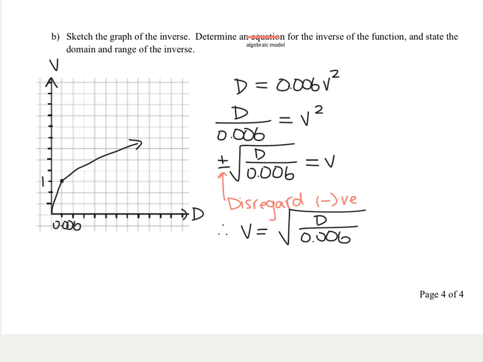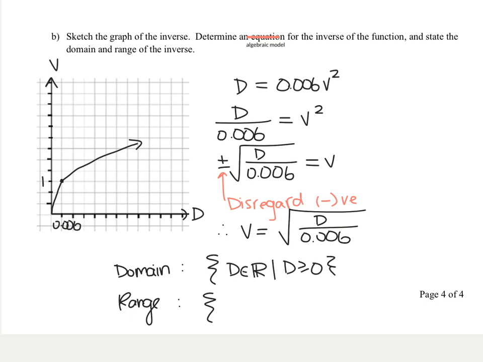Okay, so that means that our domain and range is now going to be switched from the original domain and range. Okay, so domain is now talking about the possible values of d, stopping distance. So d is any real number such that it is greater than or equal to 0.